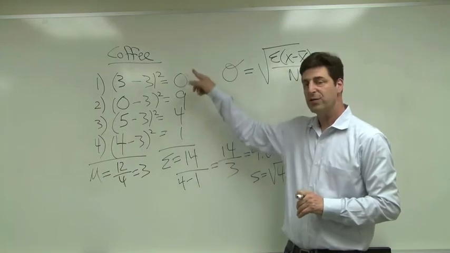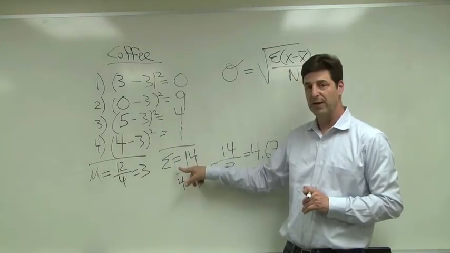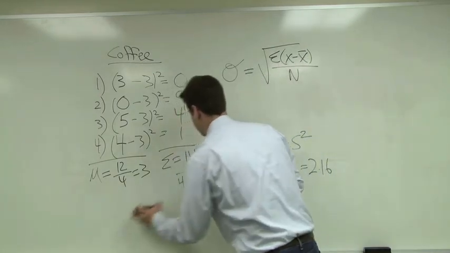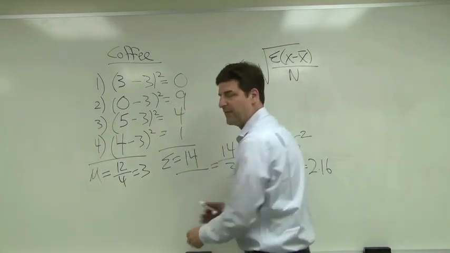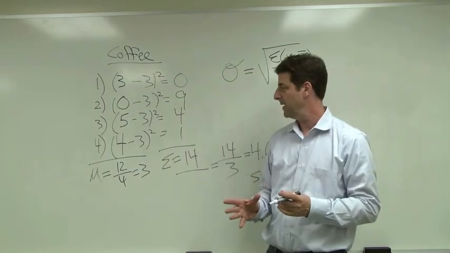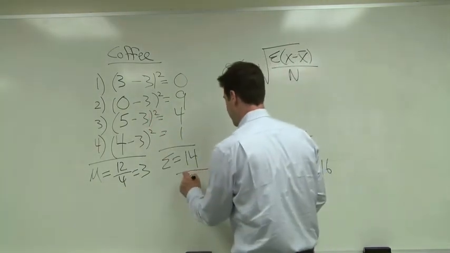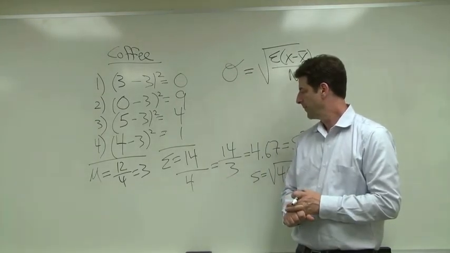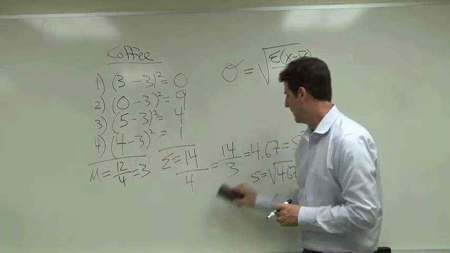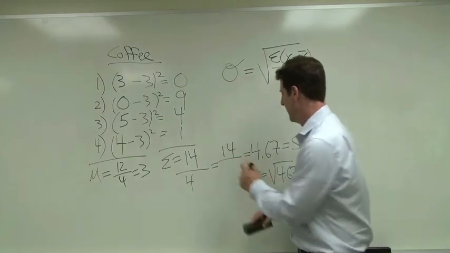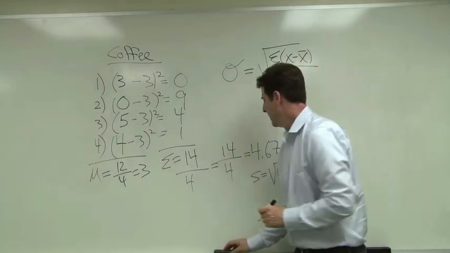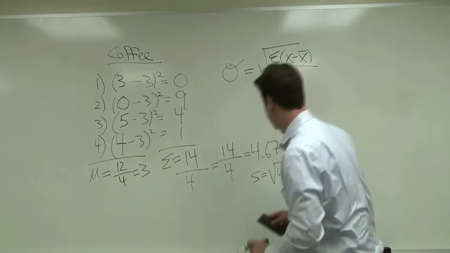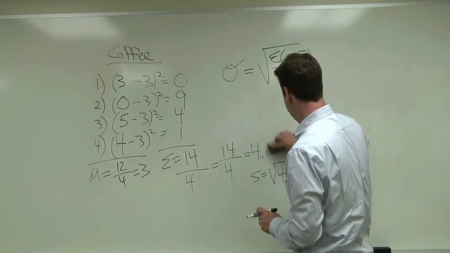The squared deviations will all be the same. The sum of the squared deviations will all be the same. And this is where we change it. Instead of dividing by n minus 1, we divide by n. N here is 4. 14 divided by 4 is 3.5.